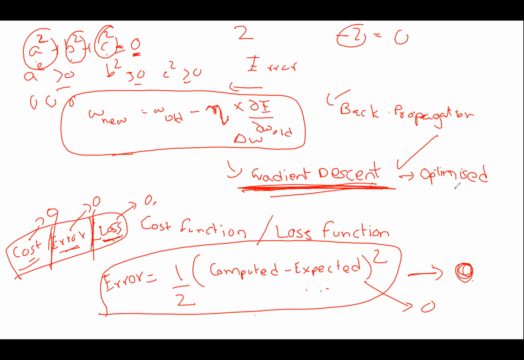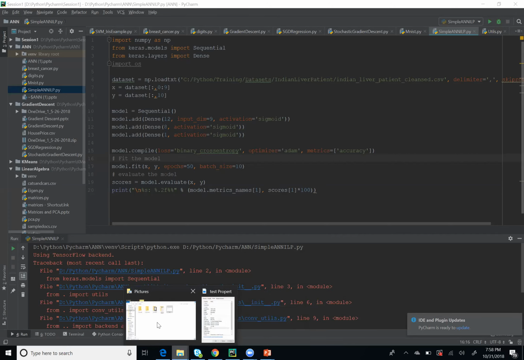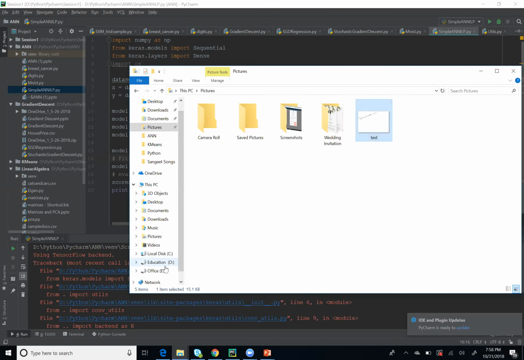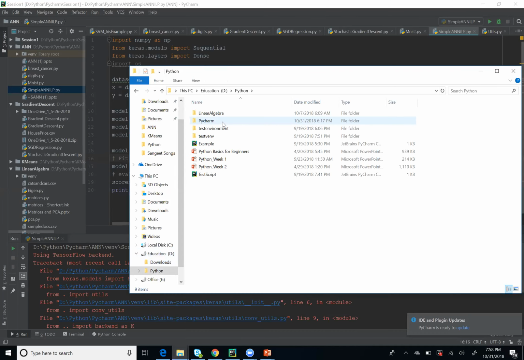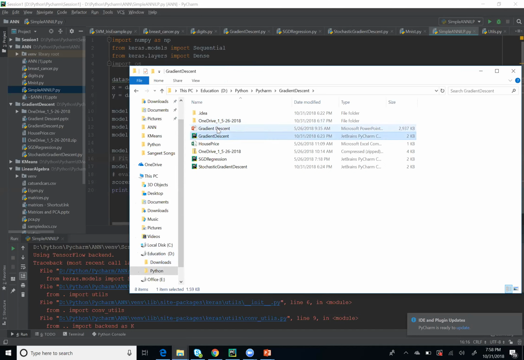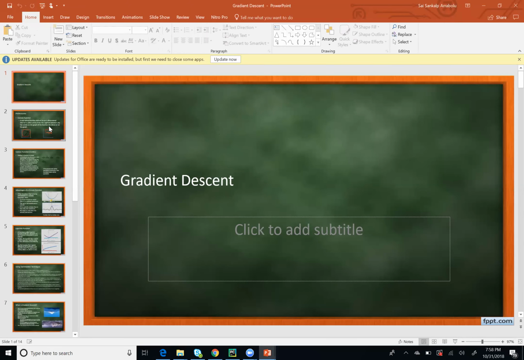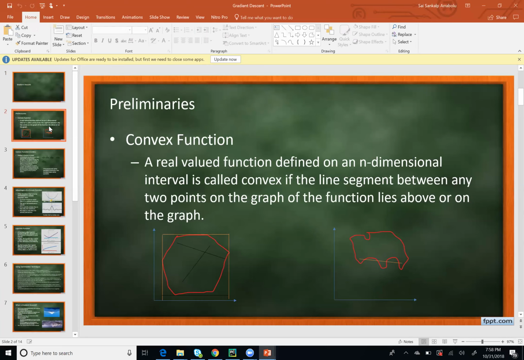So let us actually look at some basic math functions.